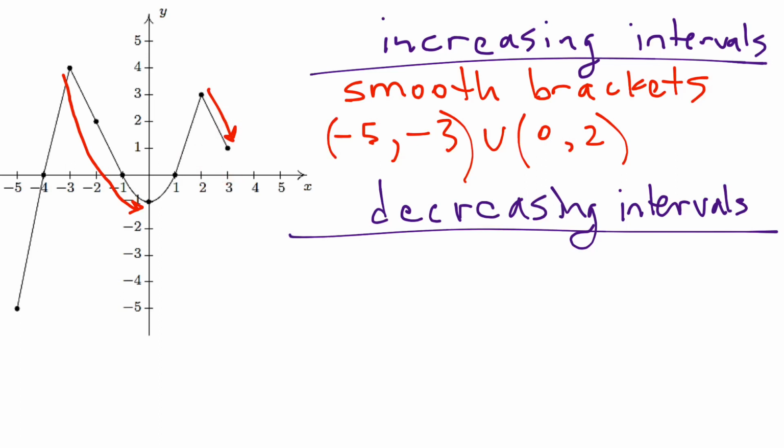So -3 to 0, 2 to 3. Those are all going to have smooth brackets because we're talking about in between the dots. We never want to be exactly on the dot when we're talking about increasing and decreasing.